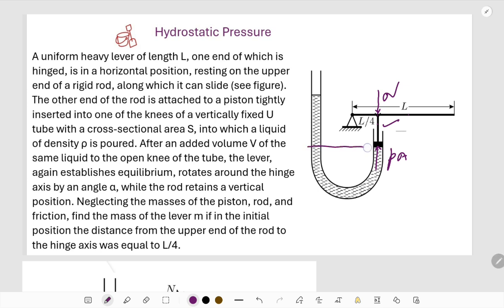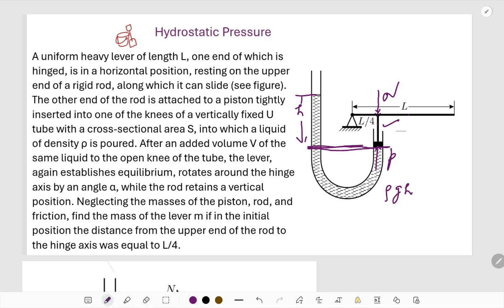Okay, so in this initial case, I guess the water level is here, and I assume this height is h, so that this pressure force can be simply written as rho g h, and the area is S in this case.